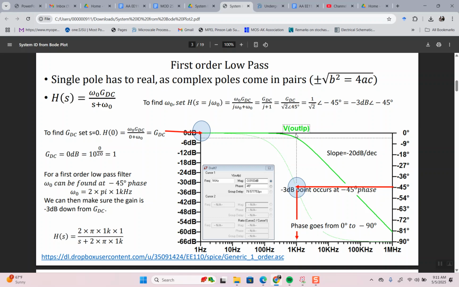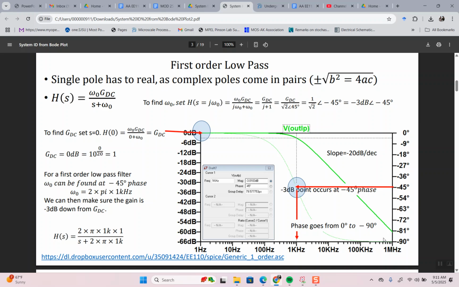So the way you really would do it on measured data is find the 3 dB point, and then what do I notice? Oh, I go from 0 to minus 90. Or near minus 90, because you might not be able to measure that higher frequency.